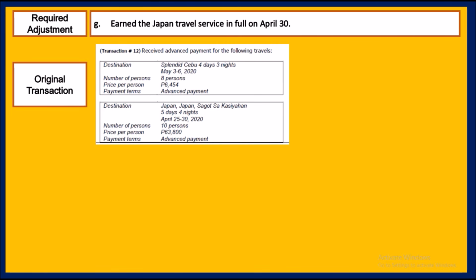So, hindi pa po counted yan. Yun naman po nating Japan, nangyari na noong April 25 to 30. So, kailangan yung mismong 63,800 for 10 persons which equals to 638,000 ma-recognize na natin as revenue. Kasi, nagawa na natin yung service at the end of the period.